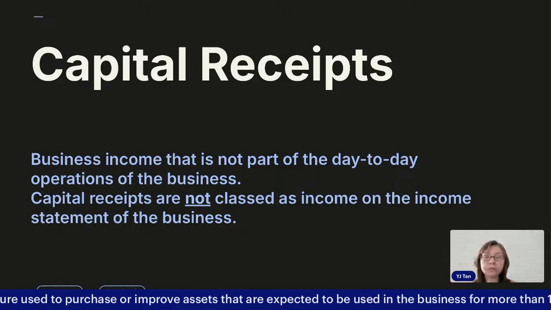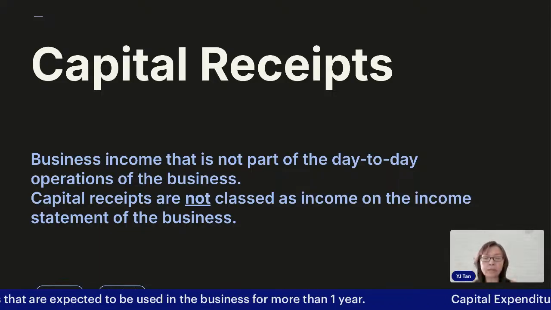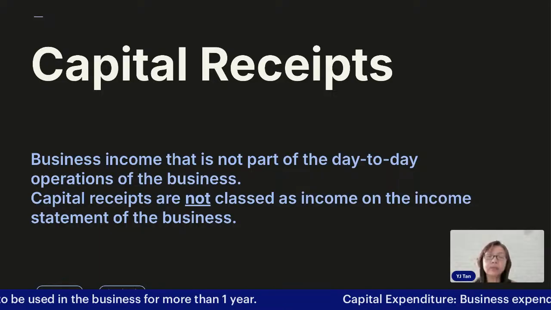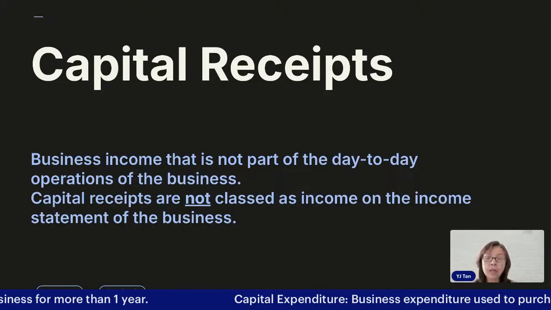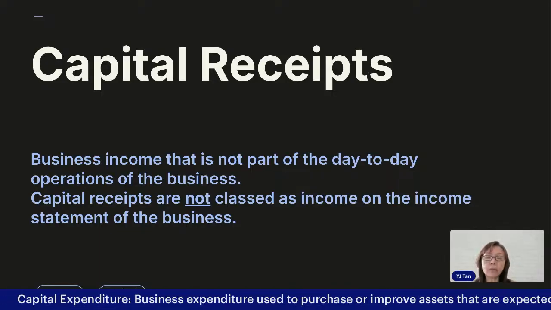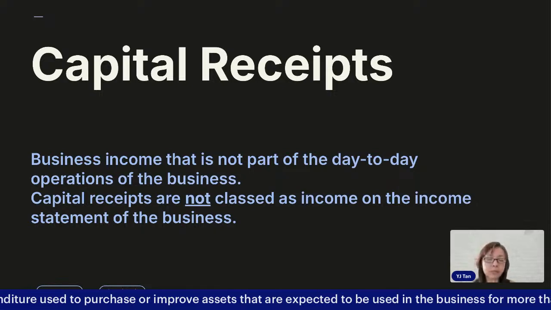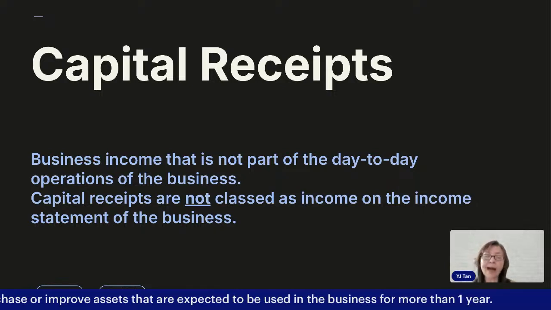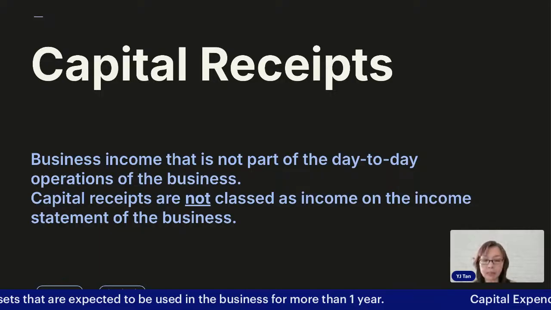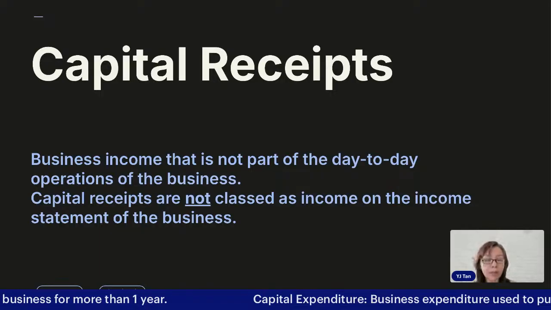All right, let's have a look at another thing that we want to clarify here, which is capital receipt. That means income. The proper definition is business income that is not part of the day-to-day operation of the business. Capital receipts are not classed as income on the income statement of the business. That means when you calculate your profit and loss, this will not be considered income.